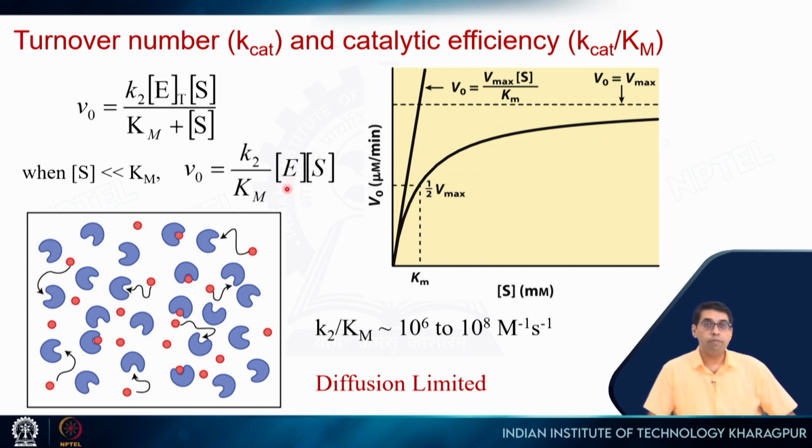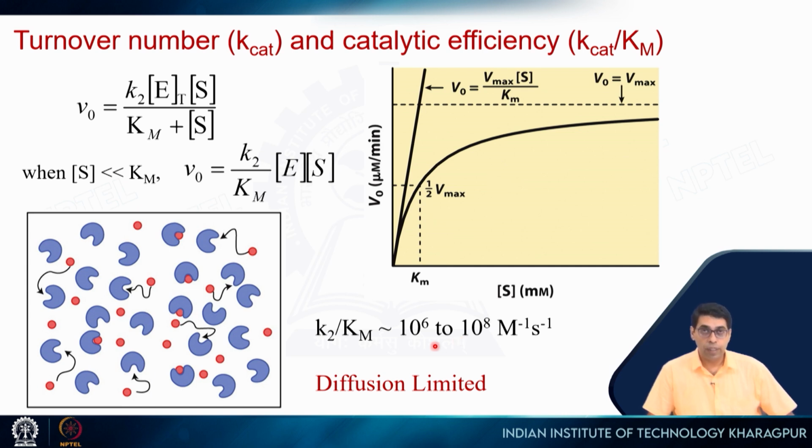Now, the maximum value that the rate of association can become is 10 to the power 6 to 10 to the power 8. Again, this is the rate at which two molecules find each other, right. Under these conditions the velocity will increase linearly as a function of S, and the rate constant is given by this K2 by Km, which will have a maximum value of this, which is the rate of diffusion, right.